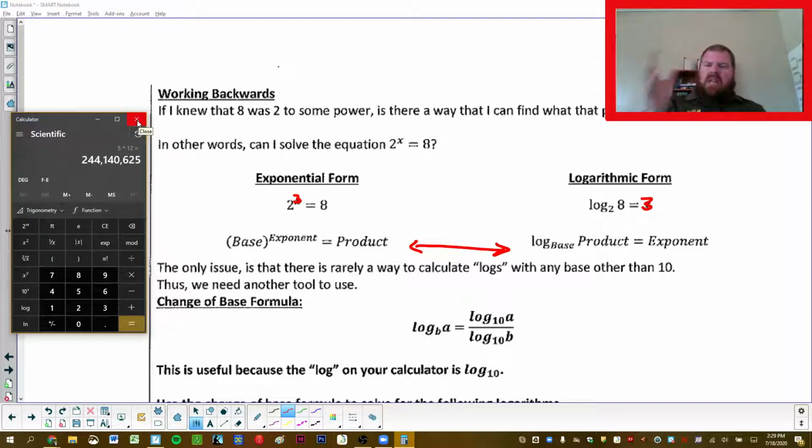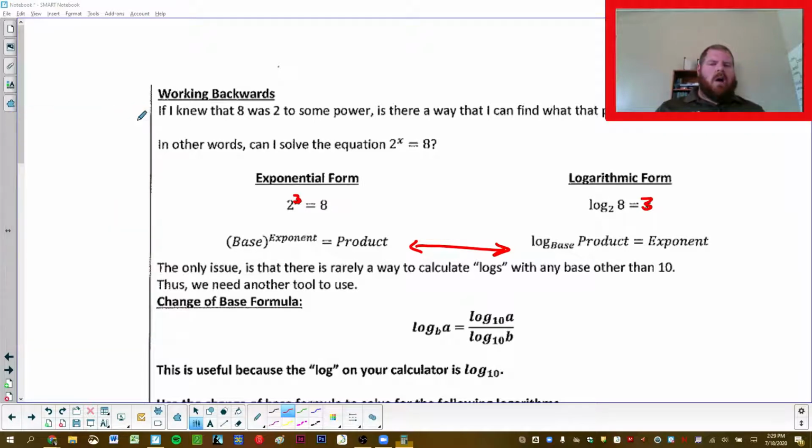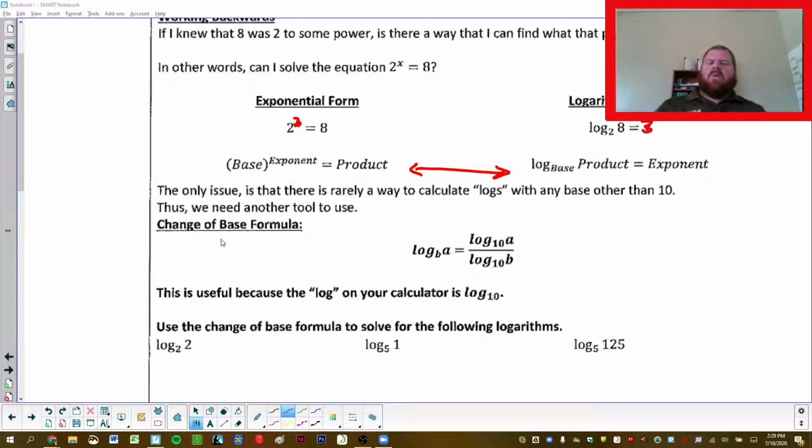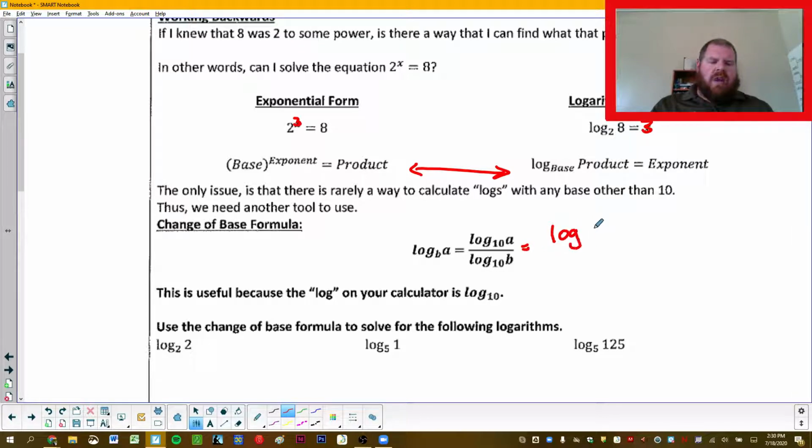So we need a tool to be able to calculate any log that we want to calculate. We're going to do that with what's called the change of base formula. And it says that if I want to find the log of any base b of any product a, all I have to do is, I wrote 10 here, but this is the same as the log that's on your calculator.